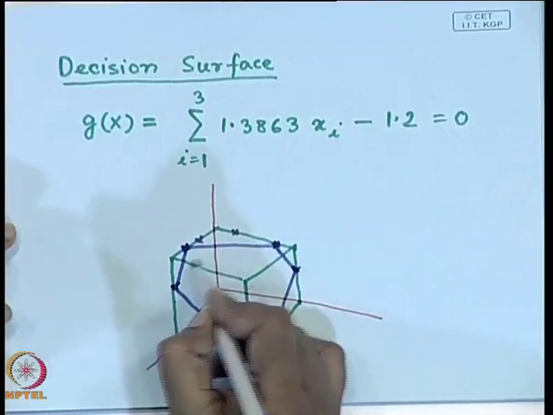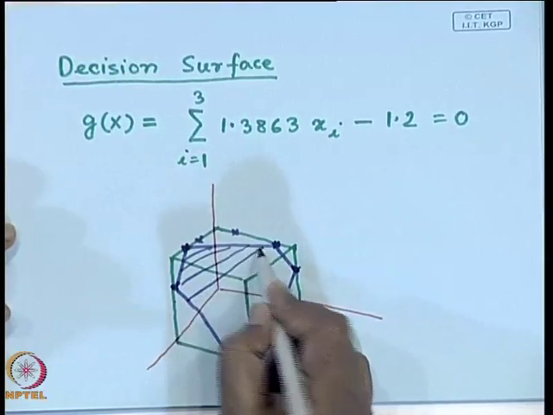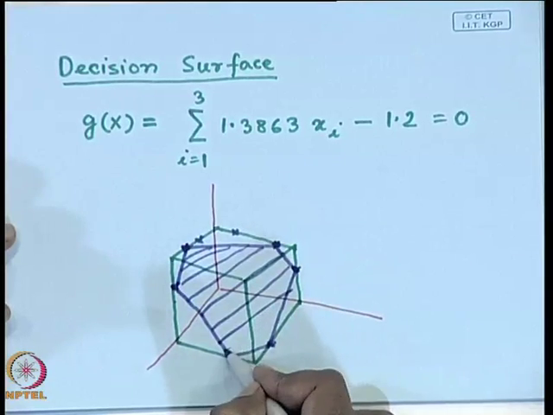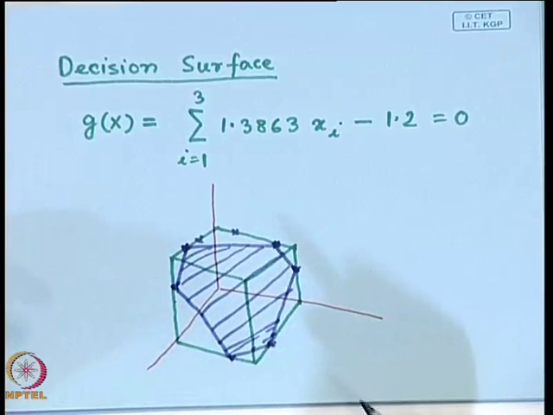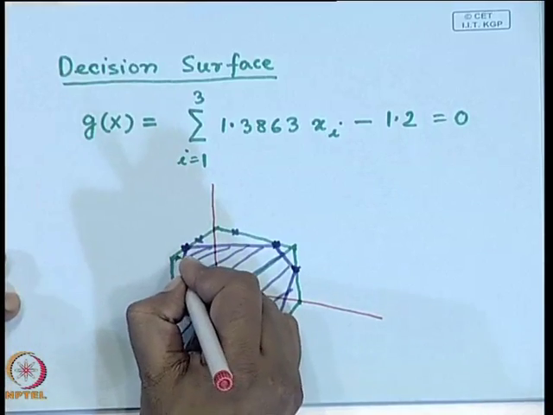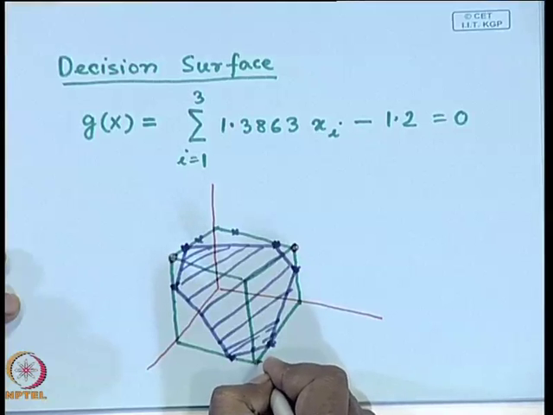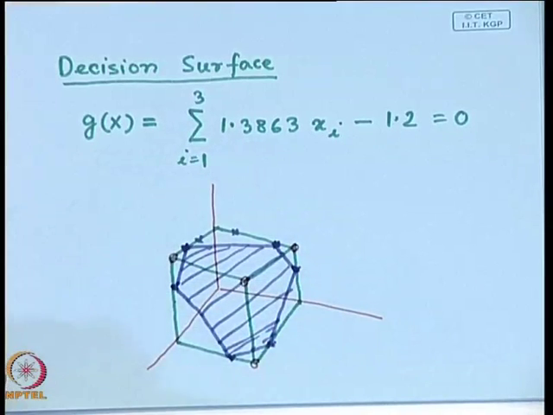So this is our decision surface. You find that this decision surface says that these are the points which lie on one side of the hyperplane, and these are the points which lie on the other side of the hyperplane.